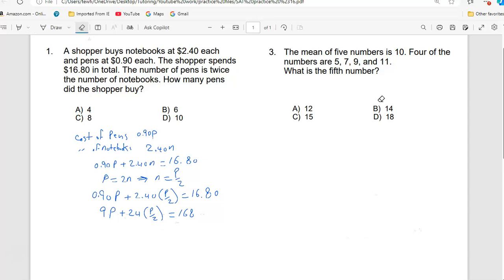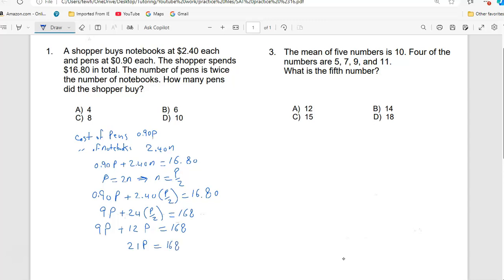Alright, so 2 goes into 24 twelve times, so I have 9P plus 12 times P equals 168. Combine the like terms, you have 21P equals 168.